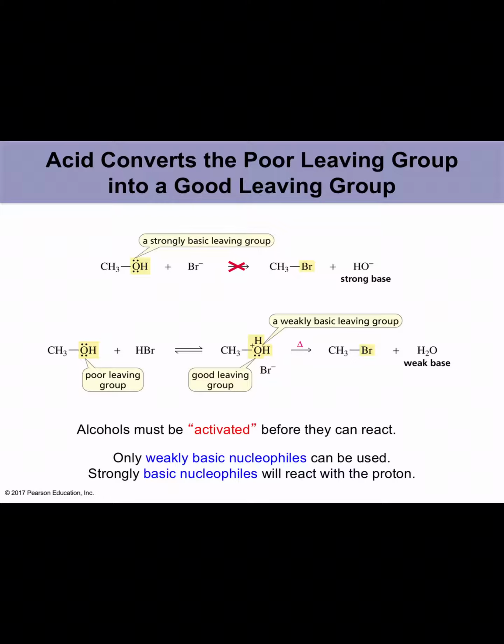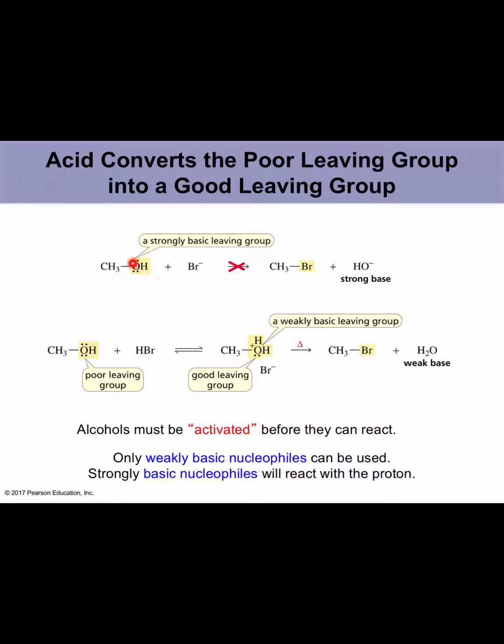Now we are going to do some reactions of alcohols. But the alcohol OH group is a very poor leaving group, meaning the OH group doesn't want to leave as a hydroxide because it's a very strong base. Because of that, we want an acid to convert this poor leaving group to a good leaving group.